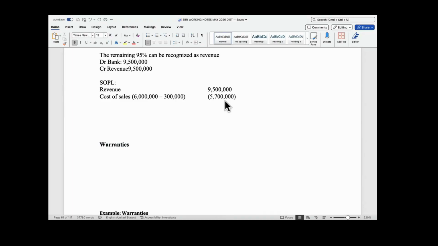The cost of the goods that the customer can return needs to be taken to an inventory recoverable account. And when the period expires, we close out refund liability to revenue, and we close out the inventory recoverable account back to cost of sales.